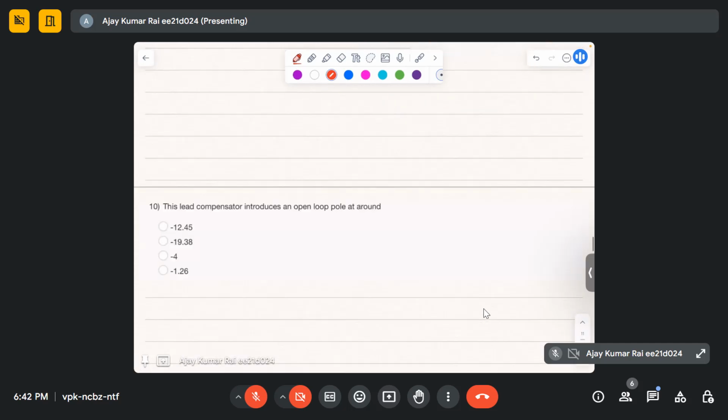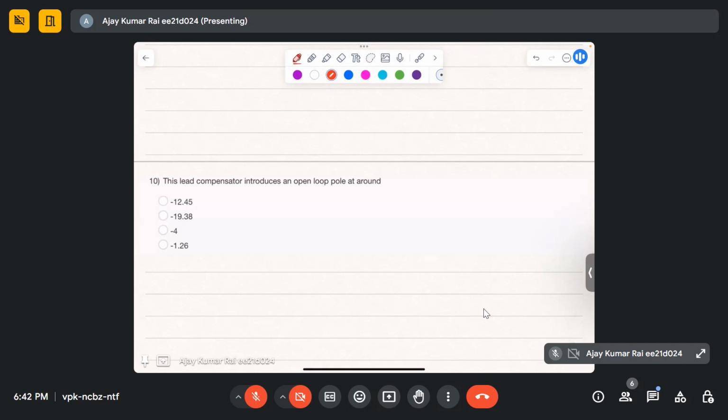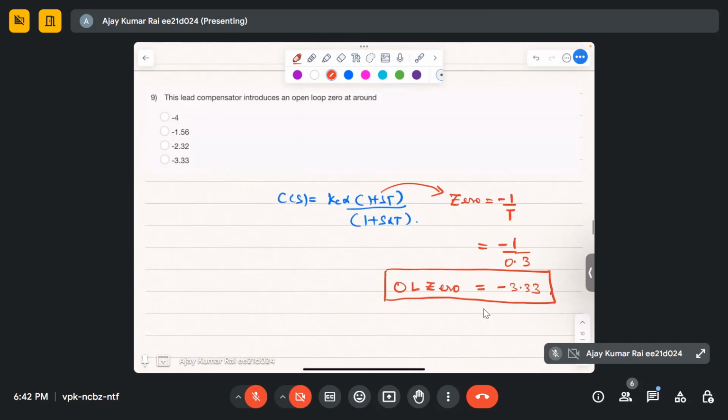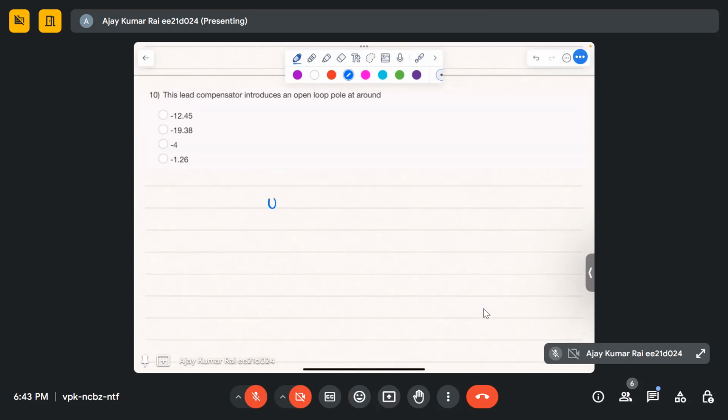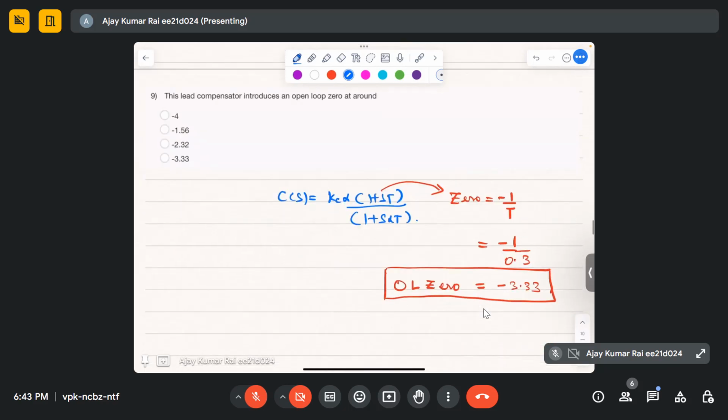The next question is: the lead compensator introduces an open loop pole. Just see this. What is the open loop pole here? It should be minus 1 by alpha T, right? We have already calculated the value of alpha, 0.172 into 0.3. I hope I'm not wrong.